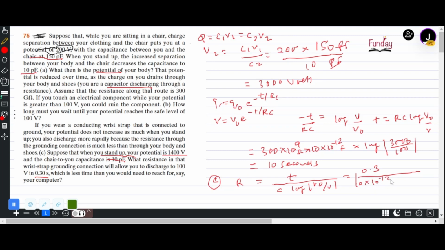Time expected is 0.3 seconds and we have other values, which is 10 picofarad and log of 1400 over 100, and we work out these numbers. R works out to approximately 1.1 into 10 to the power 10 ohm. Now that's a huge resistance required.